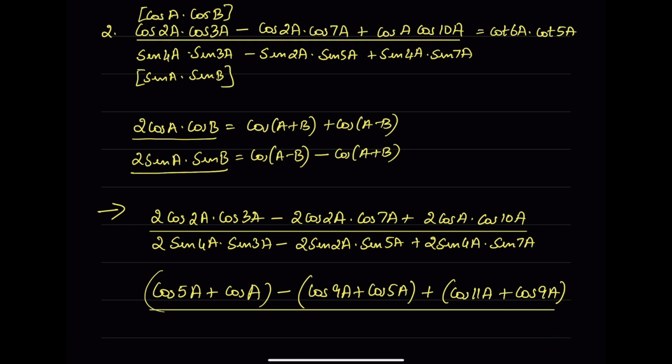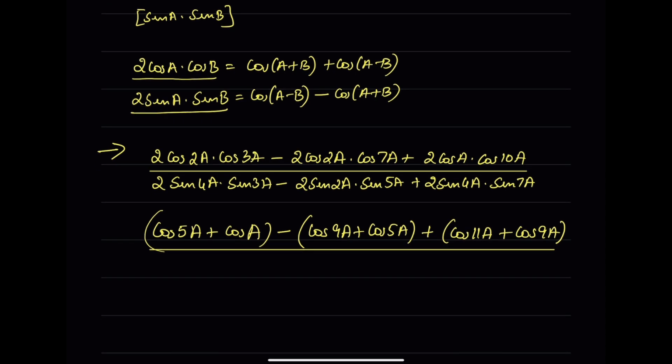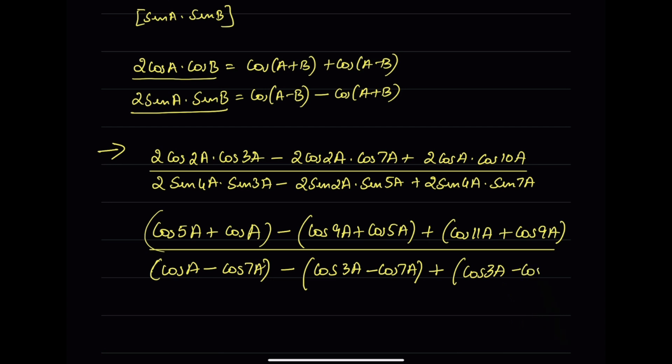Now let's solve the denominator. It is cos of (a minus b) minus cos of (a plus b). So this will be cos a minus cos 7a, minus cos 3a minus cos 7a, and the last term is plus cos 3a minus cos 11a.